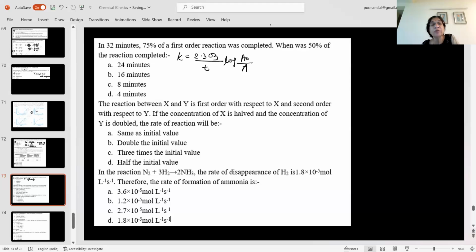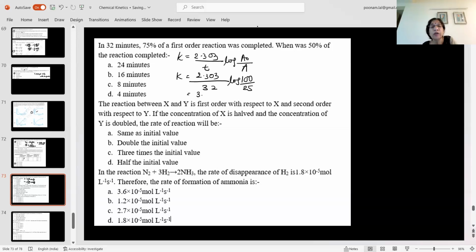If I substitute the values, K will be equal to 2.303 by 32 log of, 75% of it was completed. So 75% means how much was remaining? 25. So log of 100 by 25. That is log 4. So log 4 is equal to 0.6020.